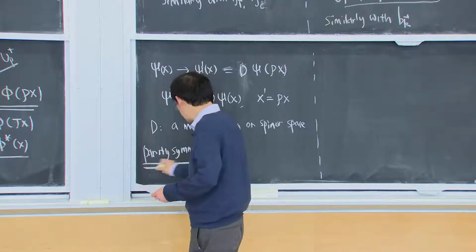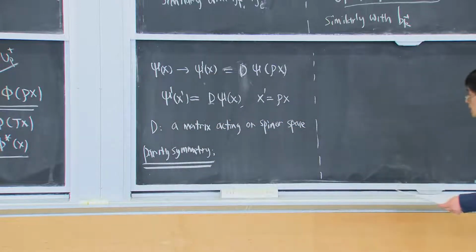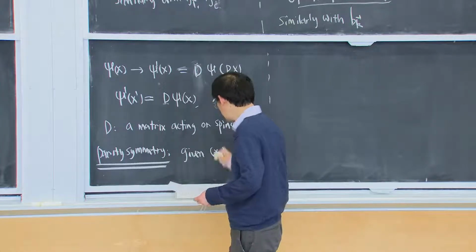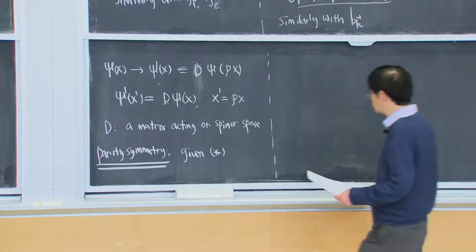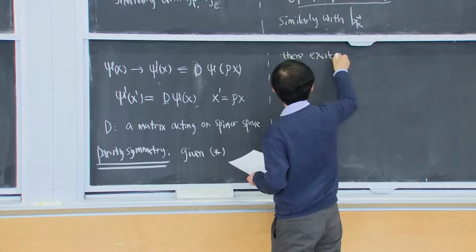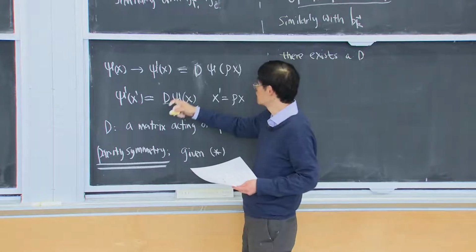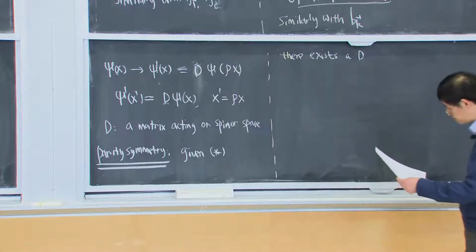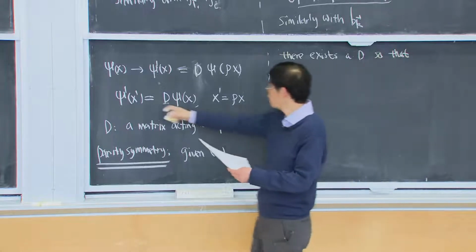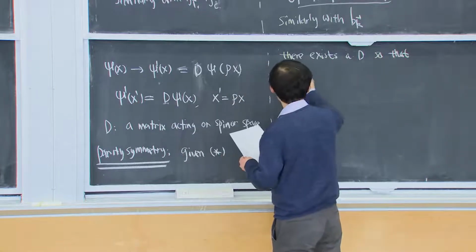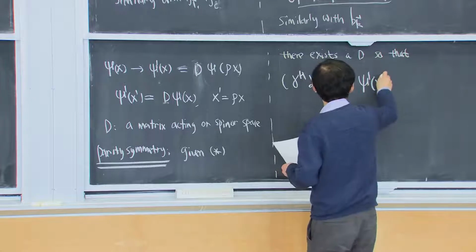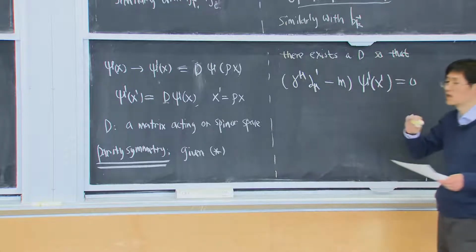When we say a Dirac equation has a parity symmetry, it means that if we start with a psi which satisfies the Dirac equation, then there should exist such a matrix D, such a transformation, so that this transformed psi still satisfies the Dirac equation, but in the reflected space.